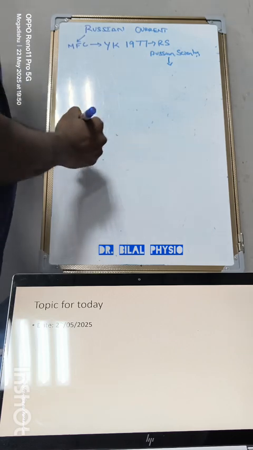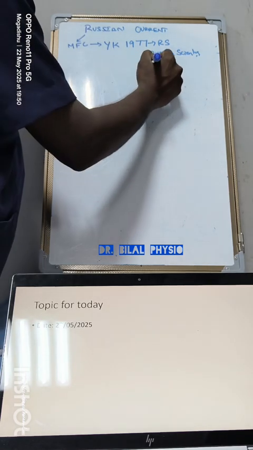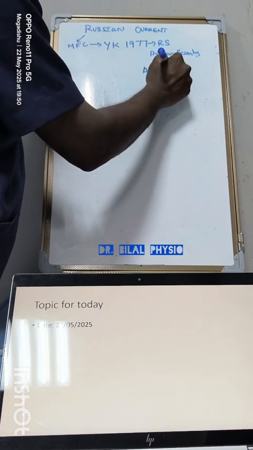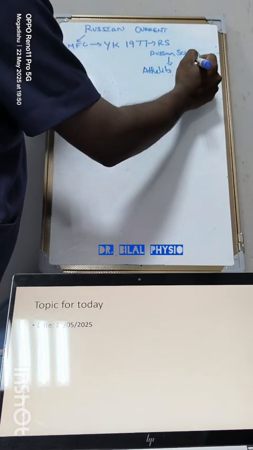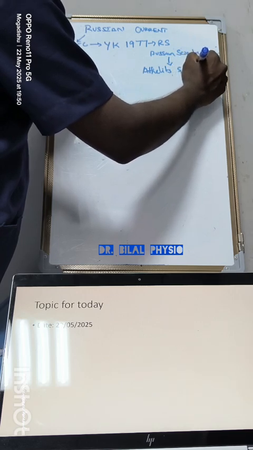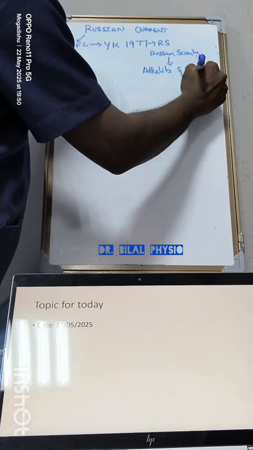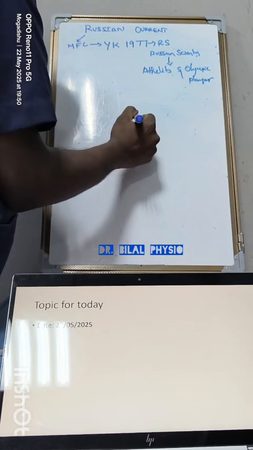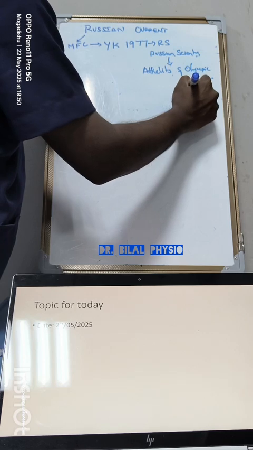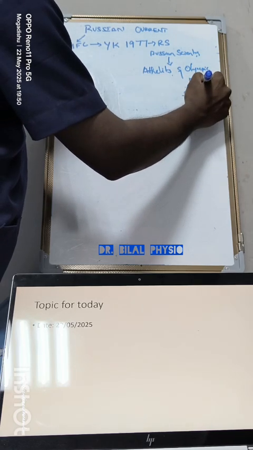Initially, he applied this current for athletes and Olympic players who participated in the Soviet Republic Olympic team.